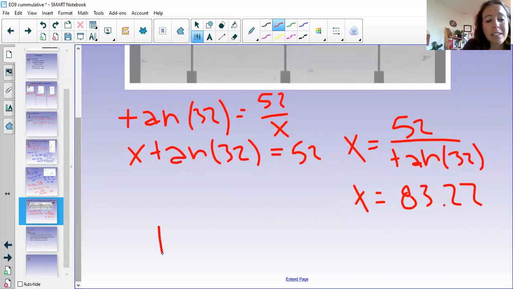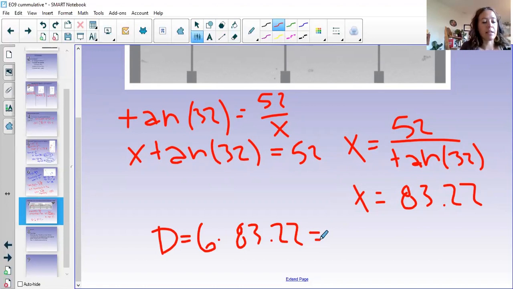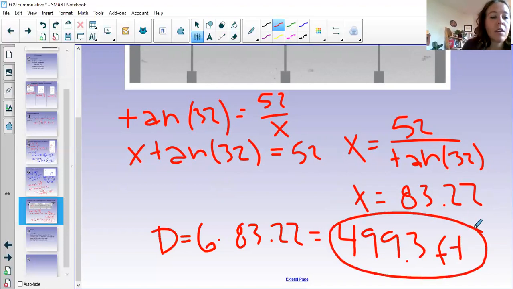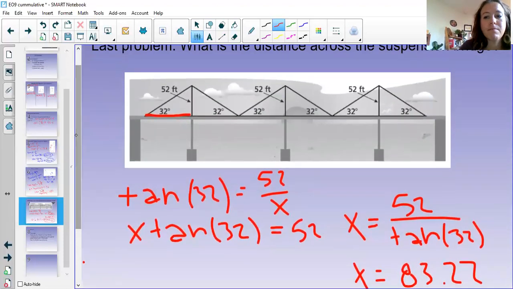So my total distance, I'm going to call that d, is going to be 6 times the 83.22. So multiply this by 6, and we get 499.3 feet. Awesome. That is the distance across that whole bridge.